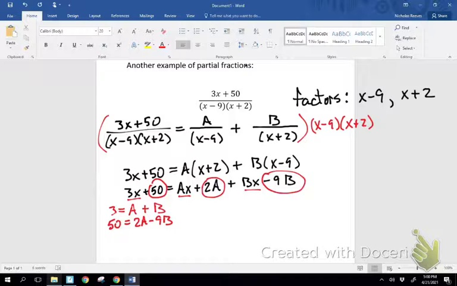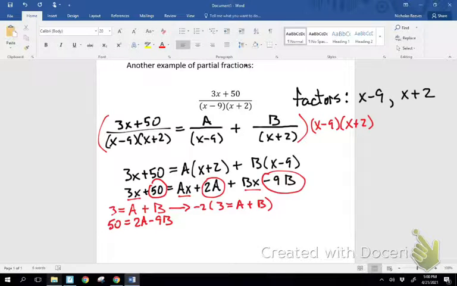All right, now we want to get one of the variables to cancel out so we can solve. So I'm going to multiply the top equation by negative 2, so the a's can cancel out. And you can do this step in your head if you want.